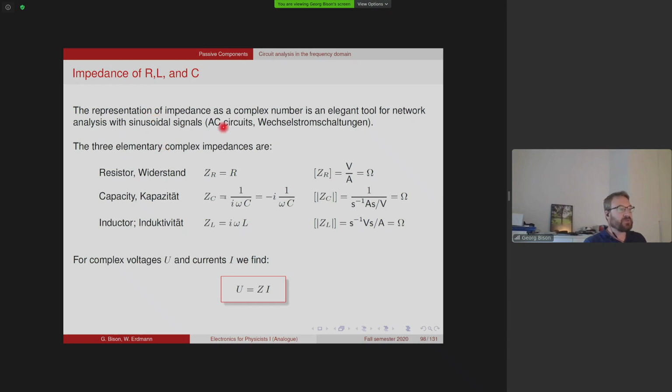So if you represent an impedance as a complex number, this is really elegant to calculate with sinusoidal signals. It's actually so common that electrical engineers naturally decompose any signal into frequency components and simply think about what a single frequency component would do in your system.